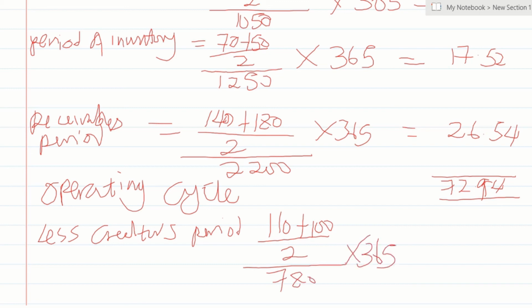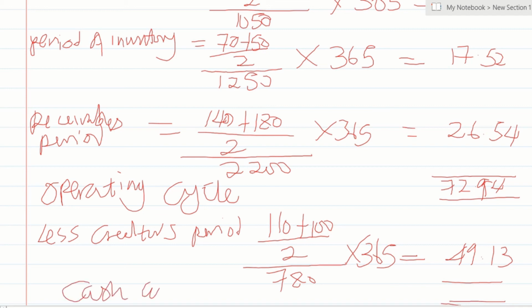Some examiners will give you 360 days, but in case they don't, we know very well that a year has 365 days, except the leap year, which has 366 days. It's a different case.